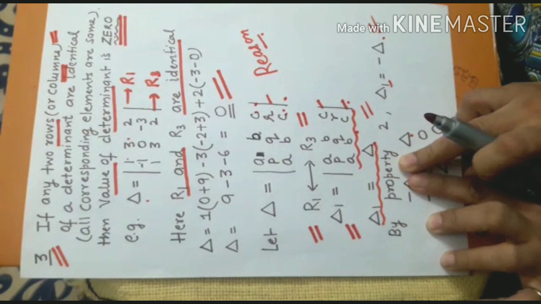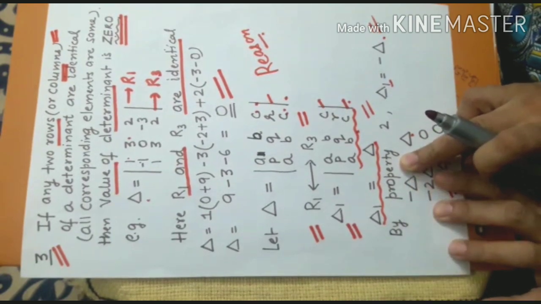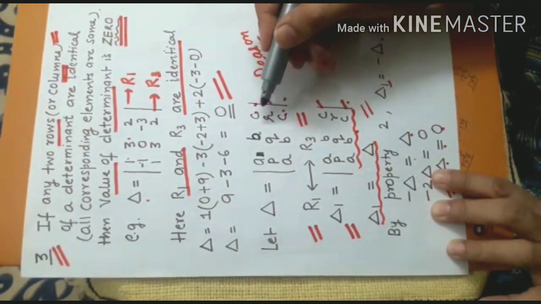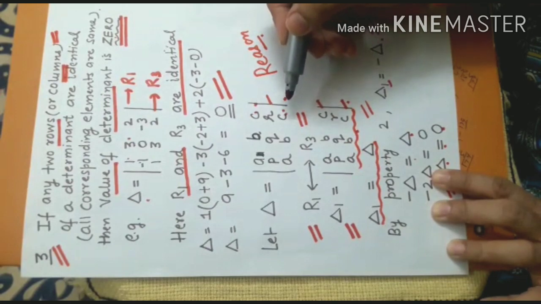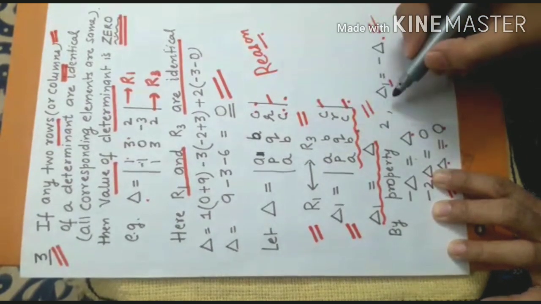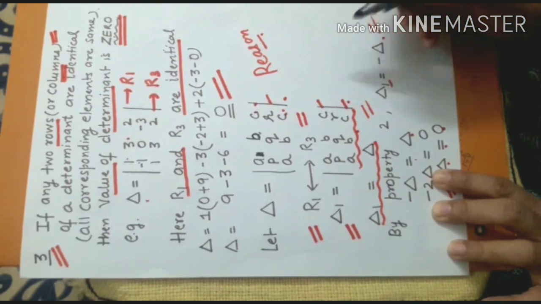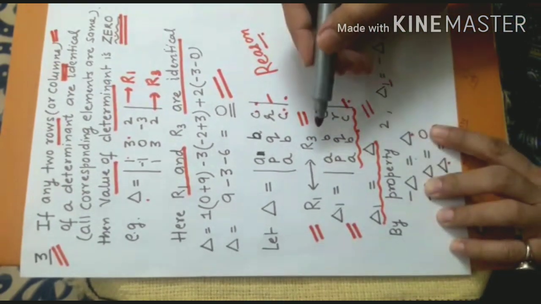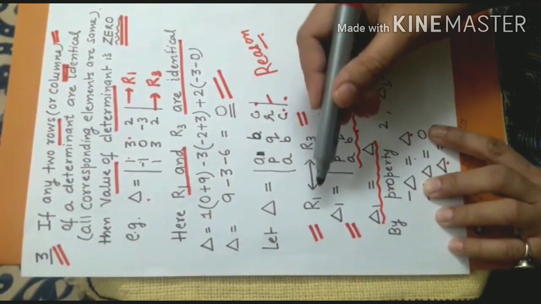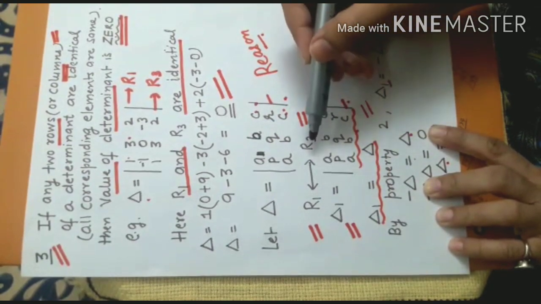But in property 2, you have learned that when two rows of a determinant are interchanged, then the value of the determinant changes sign. That means here we have interchanged two rows R1 and R3.